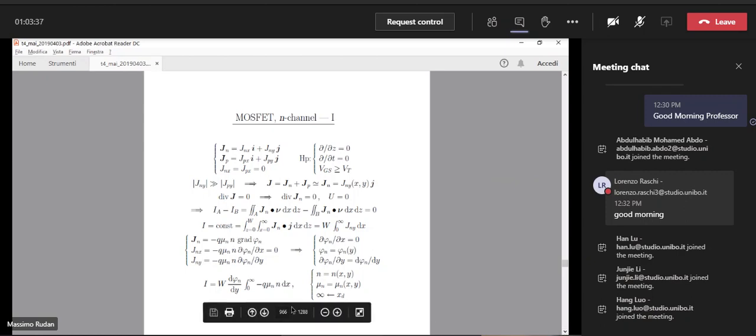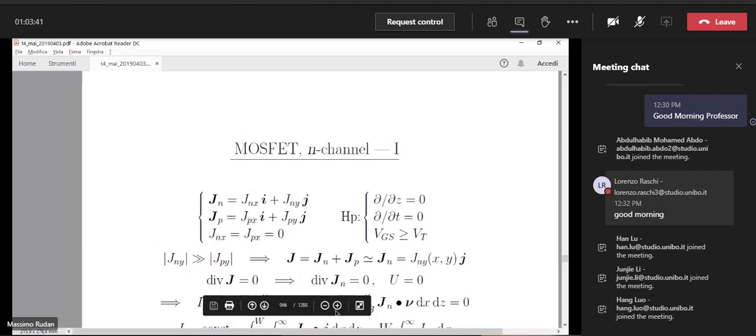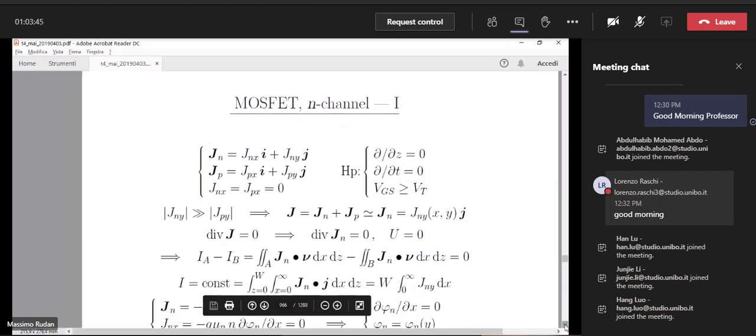This slide shows the starting point of the calculation. First of all, we assume that the device is uniform in the direction normal to the page, that is the direction of the z-axis.